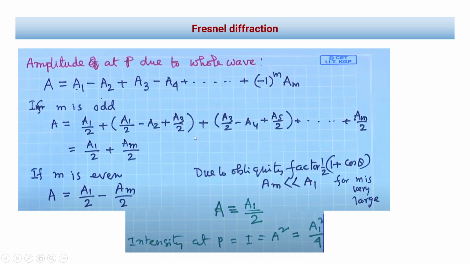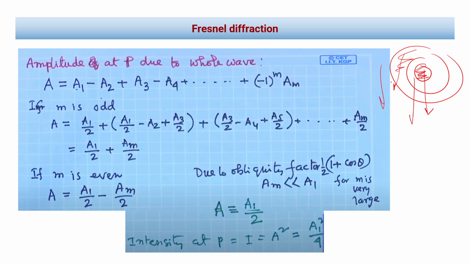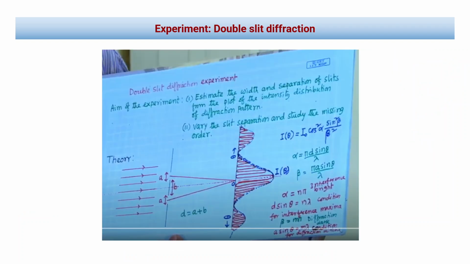But if we want to use it as a convex lens, we had different zones. If I cover this and then cover this, the light coming from here which was getting subtracted is now not coming. So all the light is coming from every second zone and getting added. Basically the amplitude is completely increasing. That means it's acting as a convex lens. We discussed this in detail later as well.